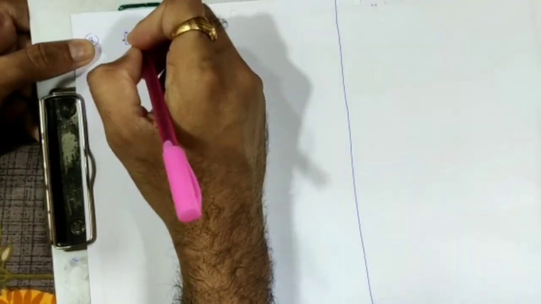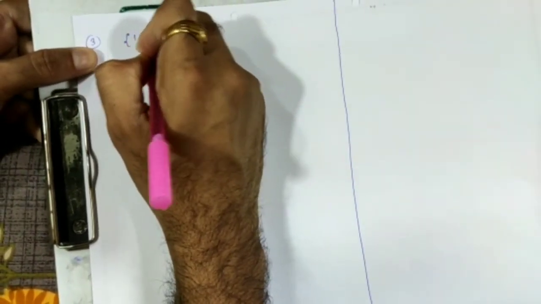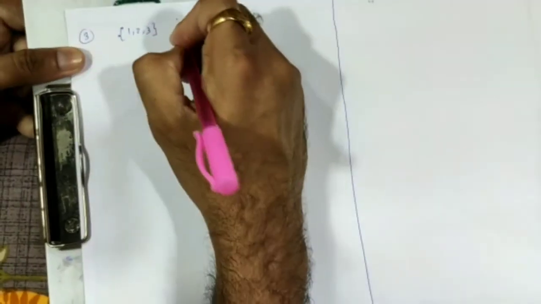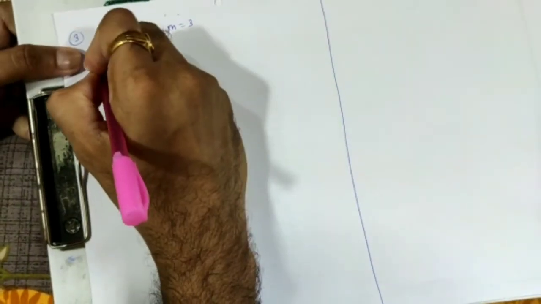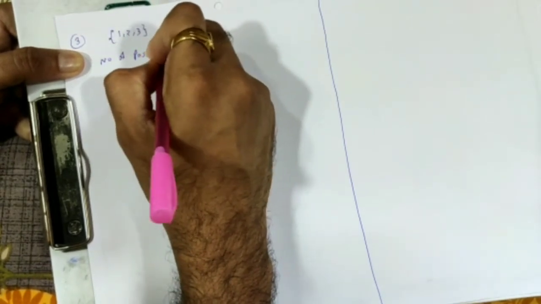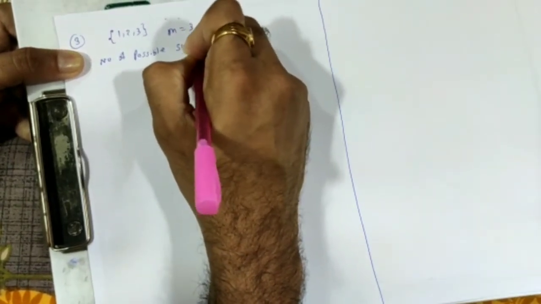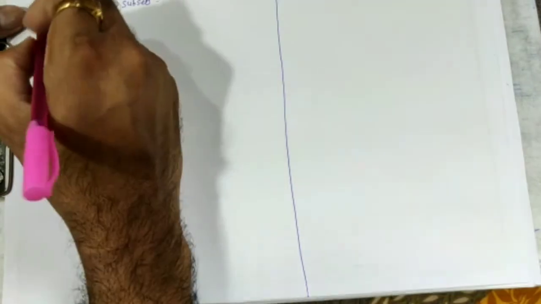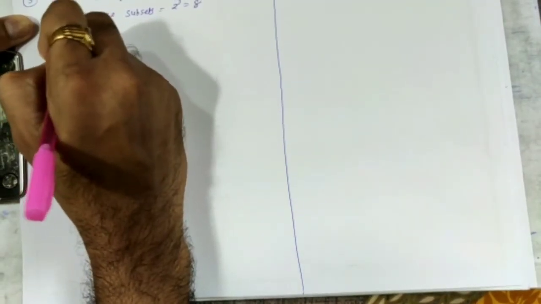Third, here we are given one set with element 1, 2, and 3. So here number of elements m equal to 3. So number of all possible subsets are 2 raised to 3. So total 8 subsets are there. For the given set 1, 2, 3, total how many subsets are there? 8. So we have to make the list of that subset.